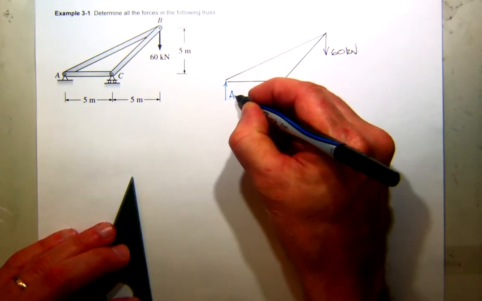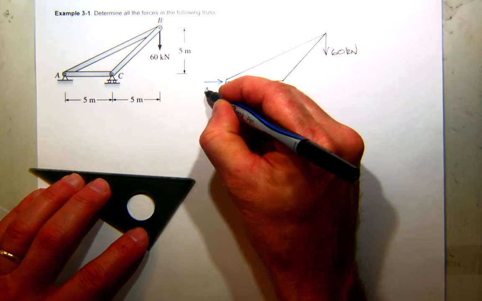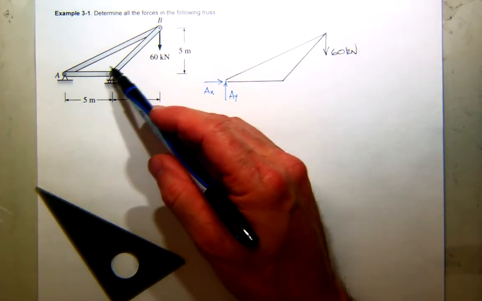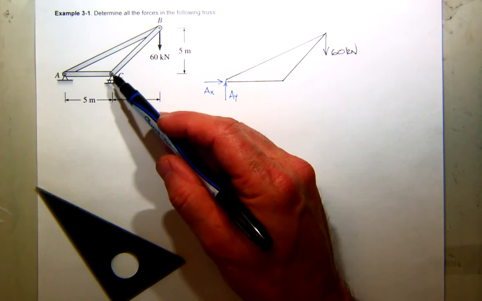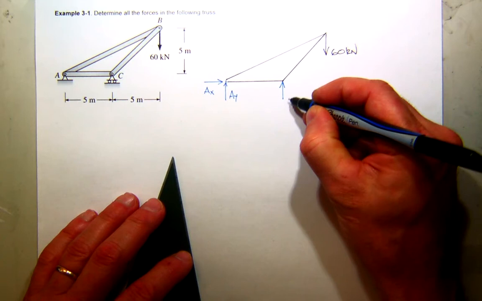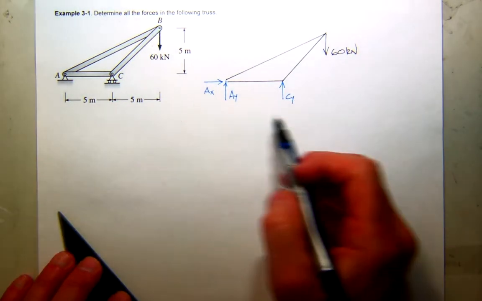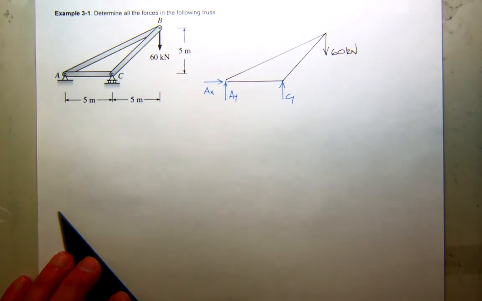I'm going to call them AX and AY. And then I've got a roller here at C. And we know that a roller just has one reaction, vertical. And I'll assume it's also up, CY. And that's it. So I think I can find those three reactions because I can write three equations of equilibrium from my two-dimensional system. So let's do that to start with.